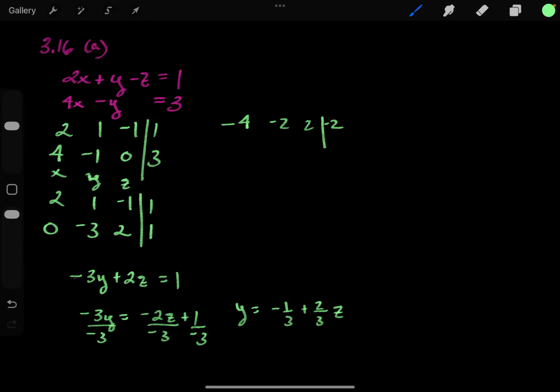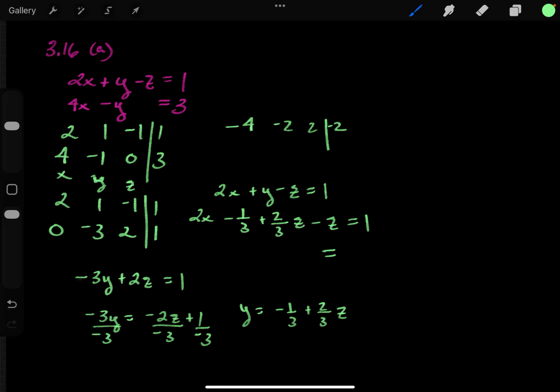And then now I back plug into this equation, 2x plus y minus z, which is the top row, right? And now I'm going to write it as 2x minus 1/3 plus 2/3 of a z minus a z is equal to 1, gives me, right? These combine, 2/3 of a z minus 3/3 of a z is minus 1/3 of a z.